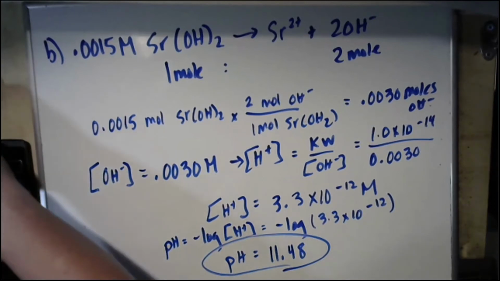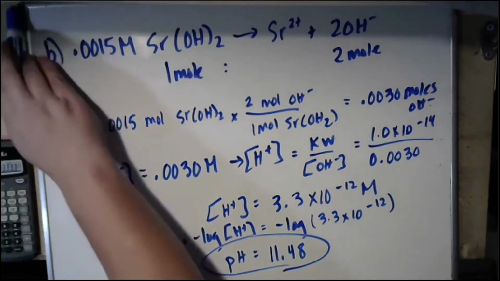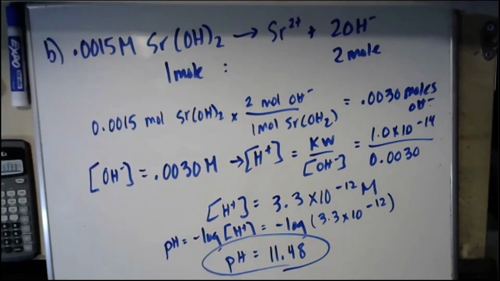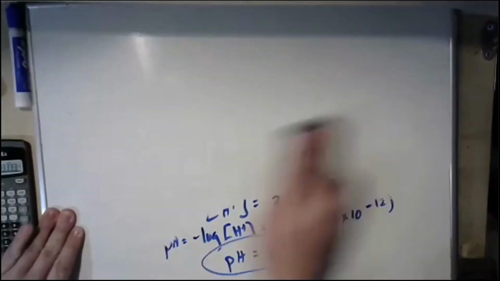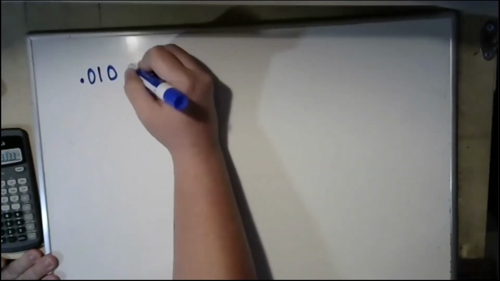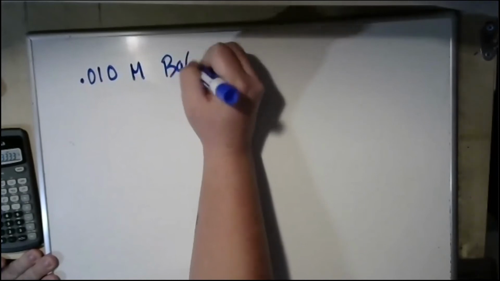Let's look at one more of these examples, another one where we have that extra hydroxide ion. Here we're looking at 0.010 molar barium hydroxide.